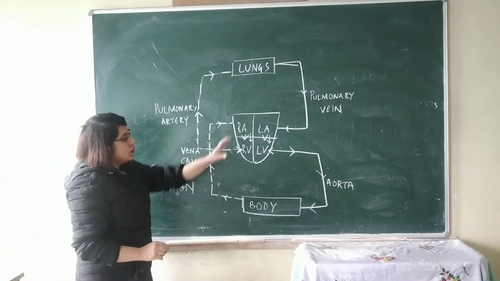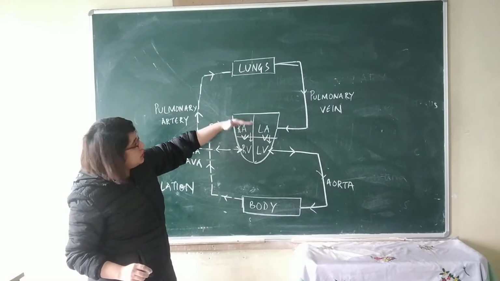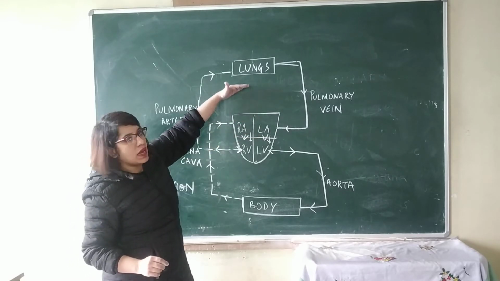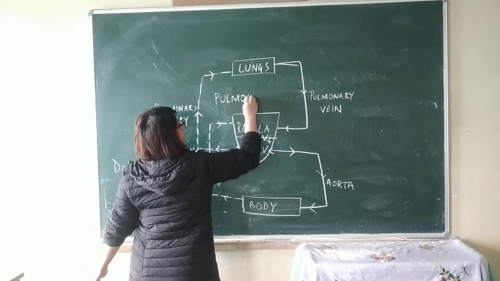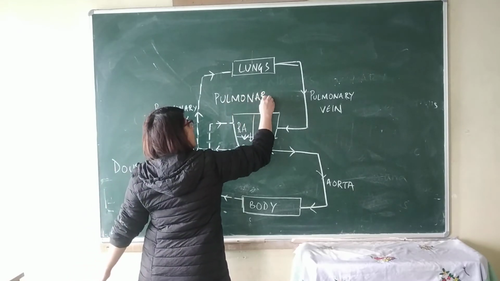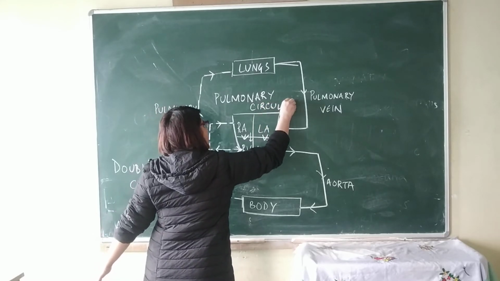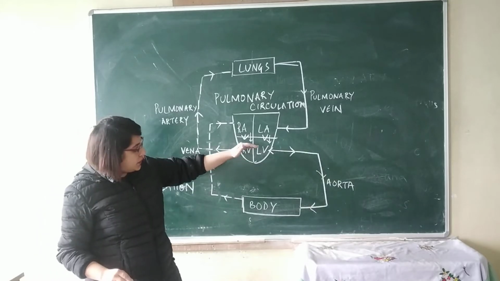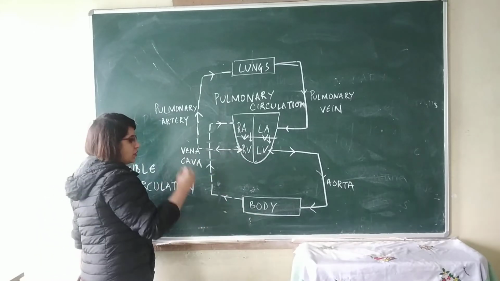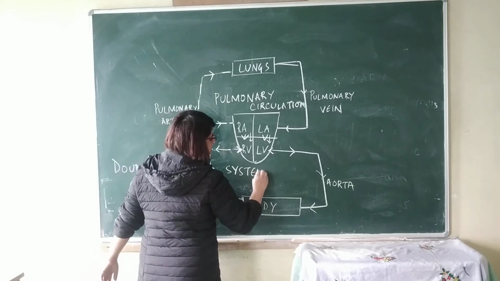Okay, now the circulation between the heart and the lungs is called pulmonary circulation, and the circulation of blood between the heart and the different parts of the body is called systemic circulation.